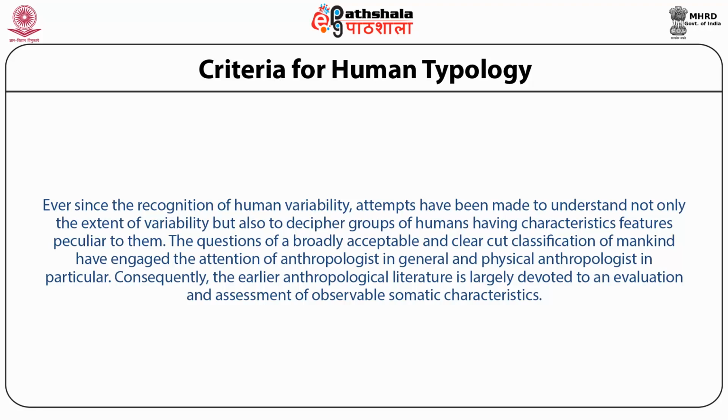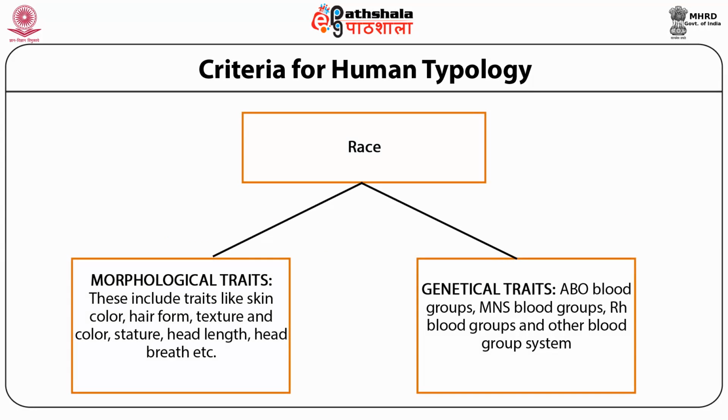Consequently, the earlier anthropological literature is largely devoted to an evaluation and assessment of observable somatic characteristics like skin color, hair form, texture and color, head shape, nose form, etc.